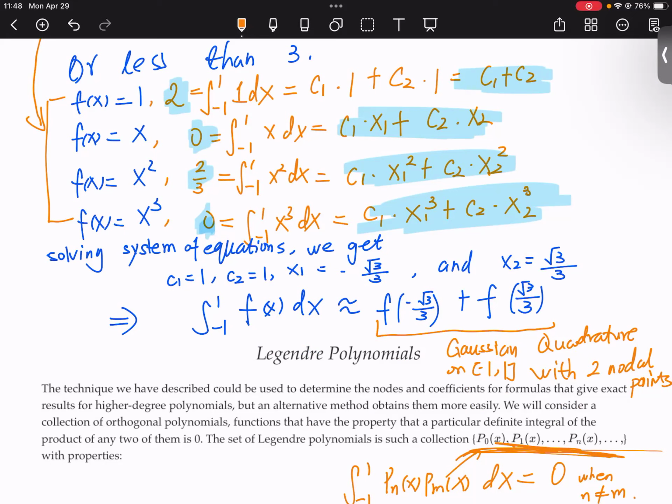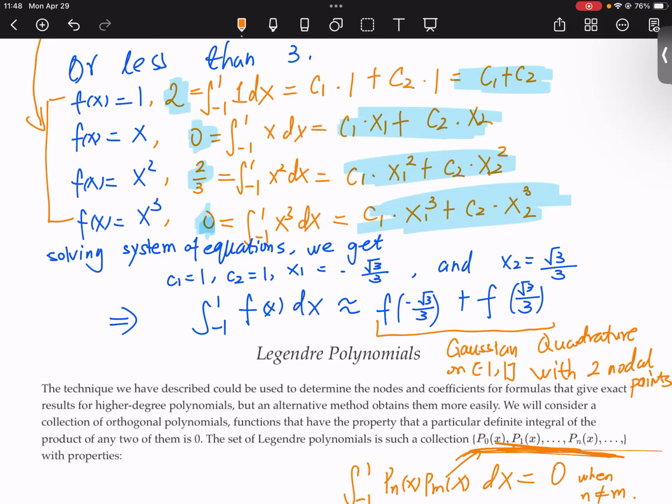There is another general thing about the Gaussian quadrature rule. At the end of the day, you will find out that all these node points are solutions to the Legendre polynomial. That is another part, and I need to talk about the next part on Wednesday. I'm going to show you something first.